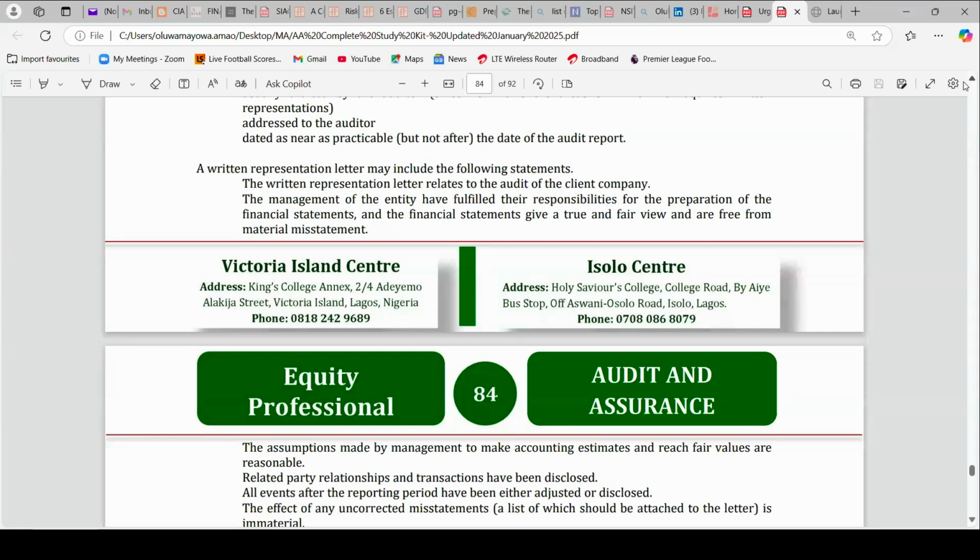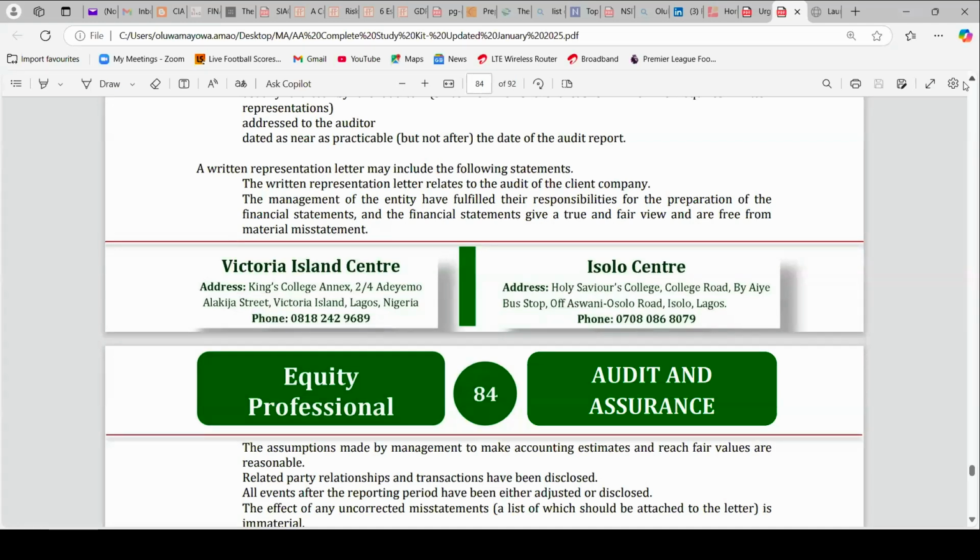Those charged with governance are usually the audit committee, board of directors, and shareholders. So if management says we are not providing this written representation, the auditor is required, before doing anything, to discuss the matter with management, an appropriate higher level of management, or those charged with governance: why don't you want to provide this? What's the issue?